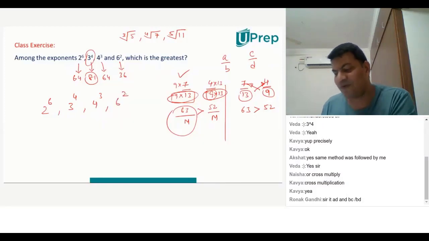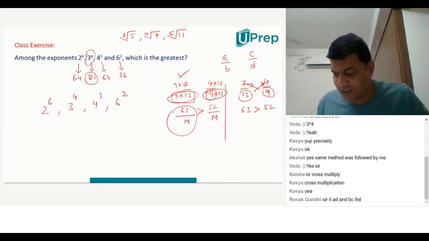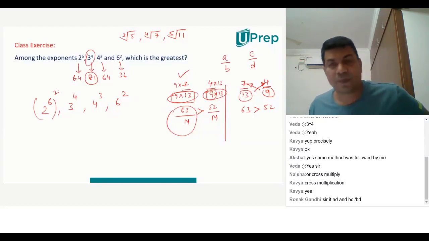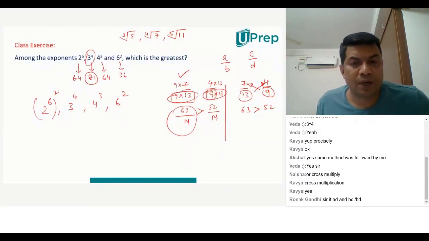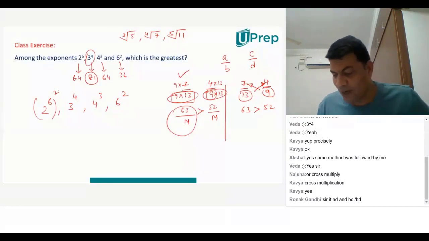So whenever you have powers like this, the best way to solve these questions is to get all the numbers to the same power. Say, for example, if I raise this to the power 2, this will be how much? Basically 12. So why did I do that? Sorry, I just skipped a step. Everyone concentrate.